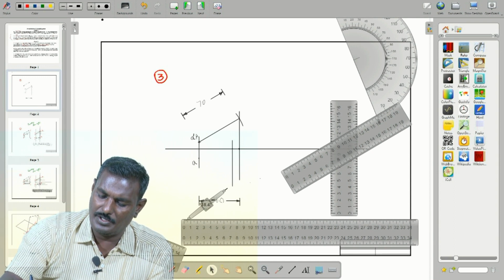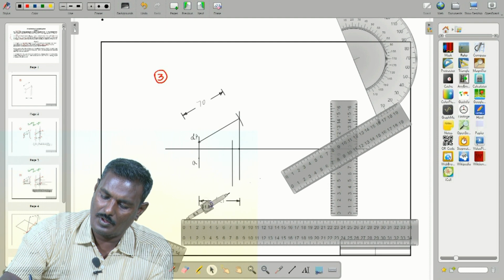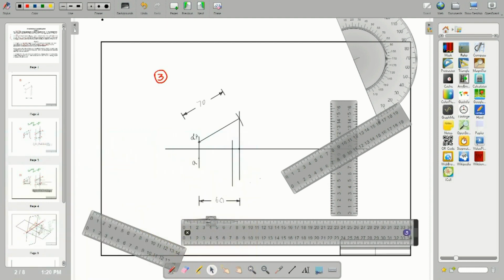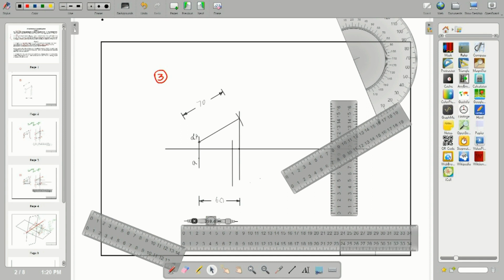So for 70 mm we have to measure by keeping it here. Measure 70 mm.